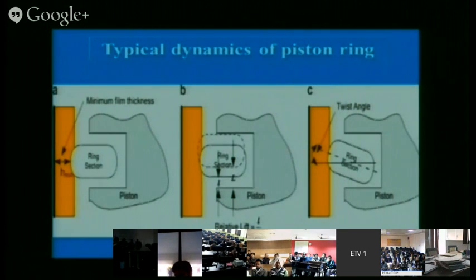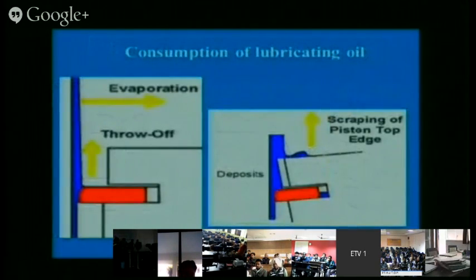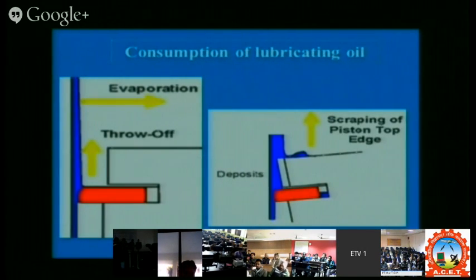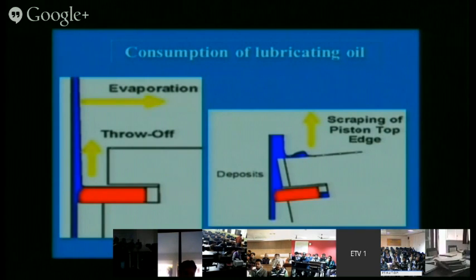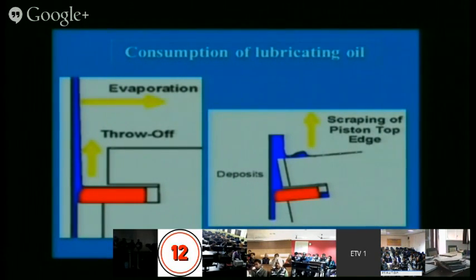So in order to understand these 2 points, I will be discussing further 2 or 3 slides. Here, consider the consumption of the lubricating oil if secondary motion is not properly designed. Secondary motion is guided at the interface of the piston ring and cylinder liner. So if the contact design is not proper and secondary motion is taking place, then there is a high chance that a lot of lubricating oil consumption may be taking place.